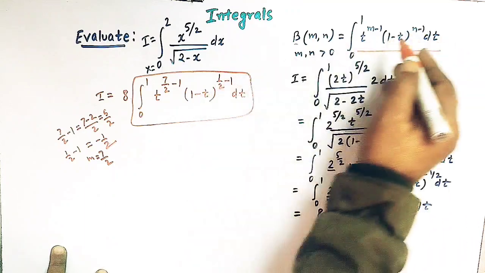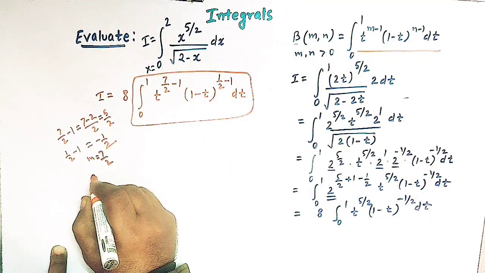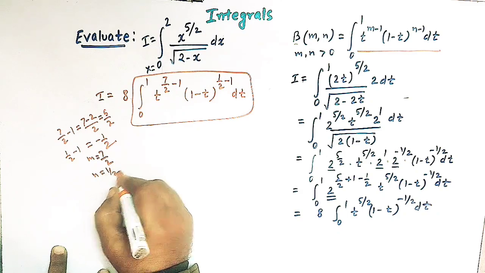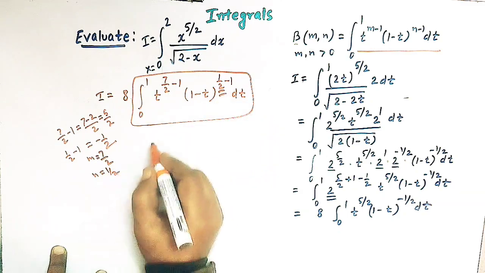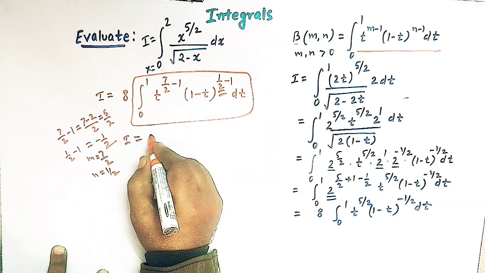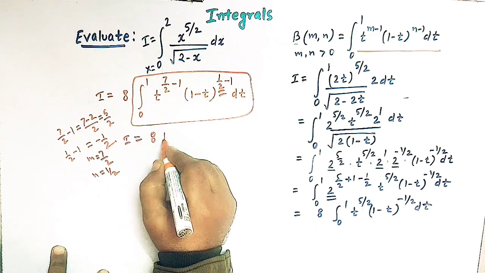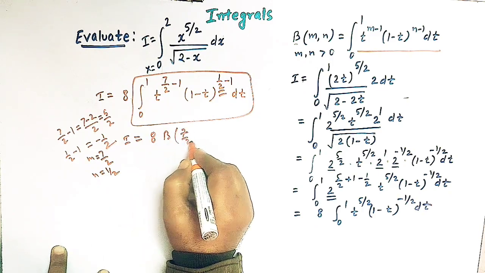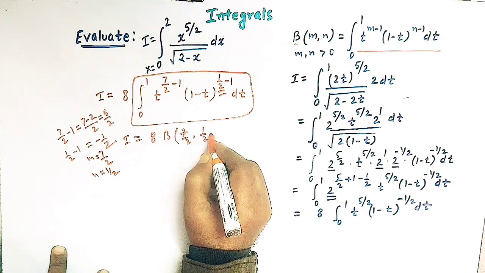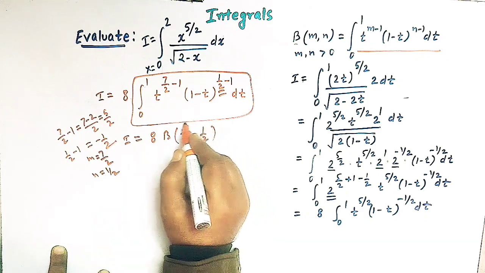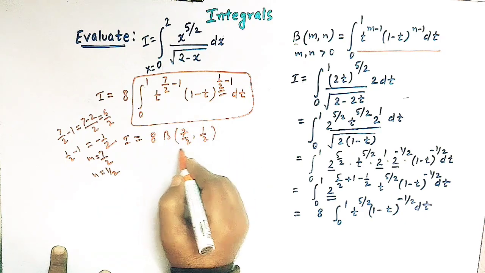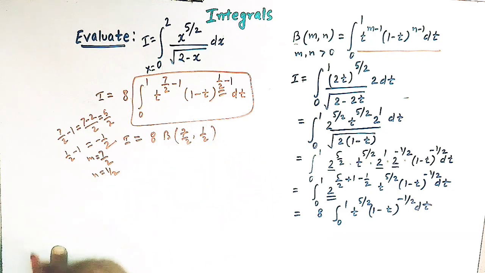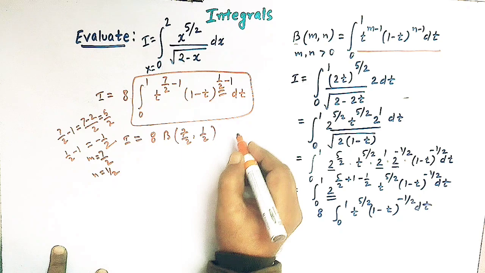Comparing again, we can now write n is equal to half, right? So we can write this integral I as 8 times the beta function, that is beta 7 over 2 comma half, right? Now we have to find out the value of this expression by using an important relationship between beta function and gamma function.